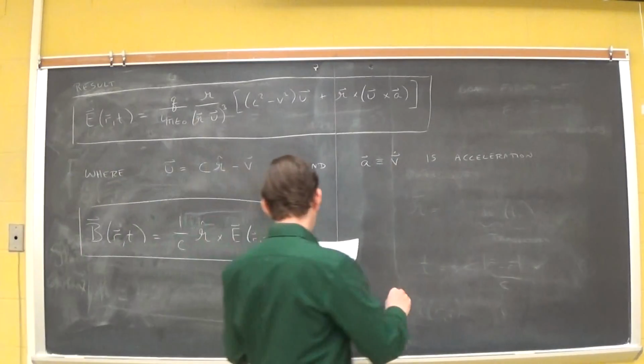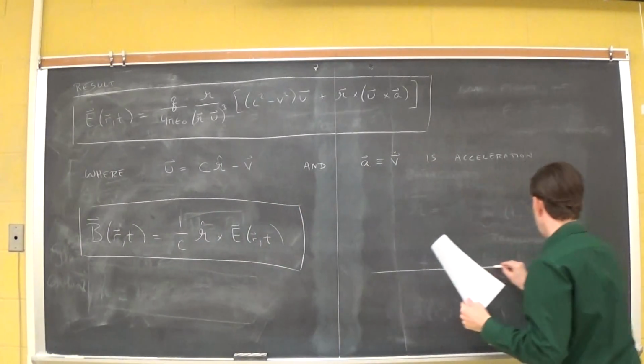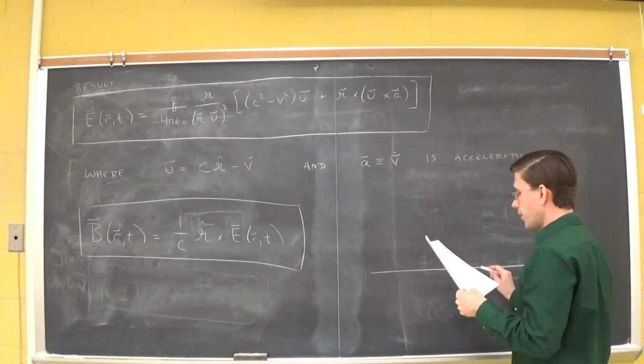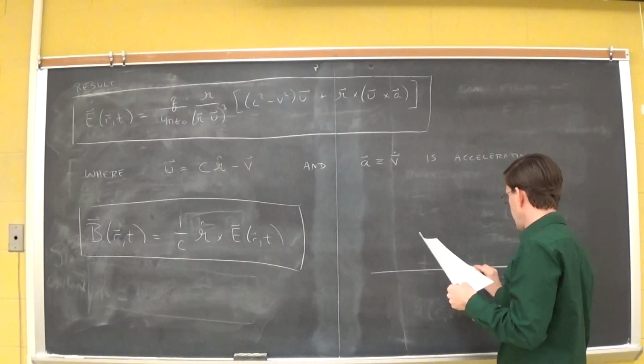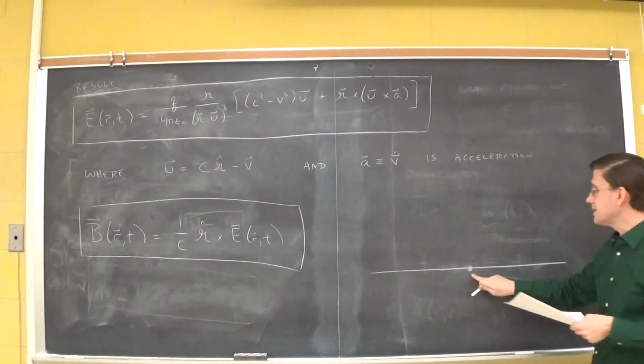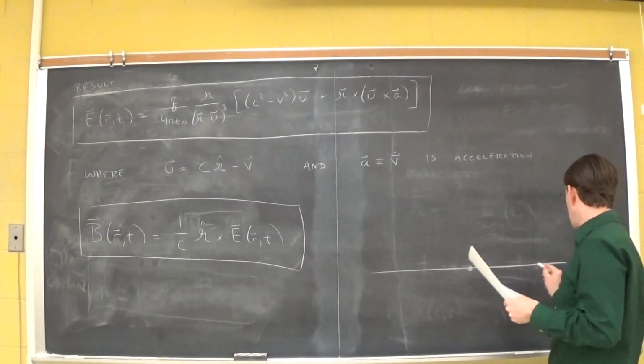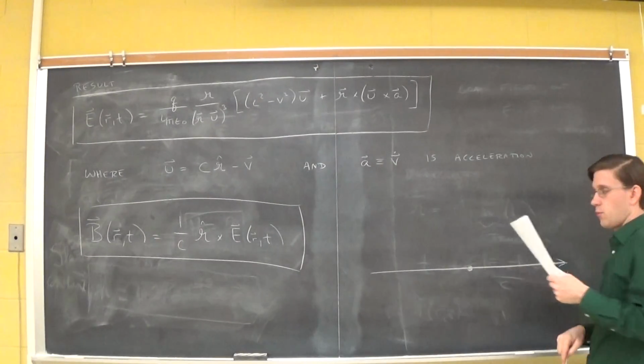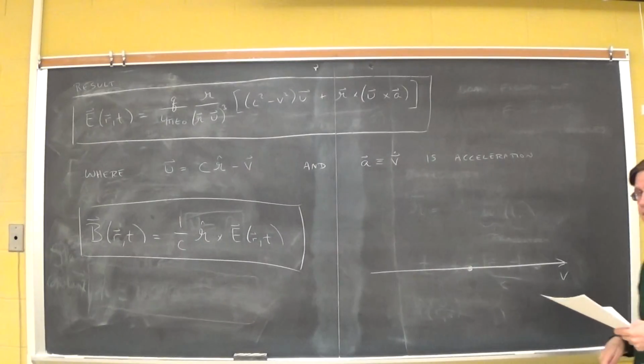If I were to draw what's going on here, let's say we have our particle, and at some instantaneous time the particle is here, moving with some velocity v to the right.